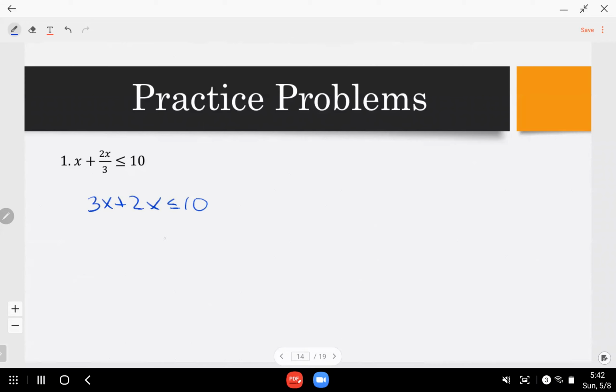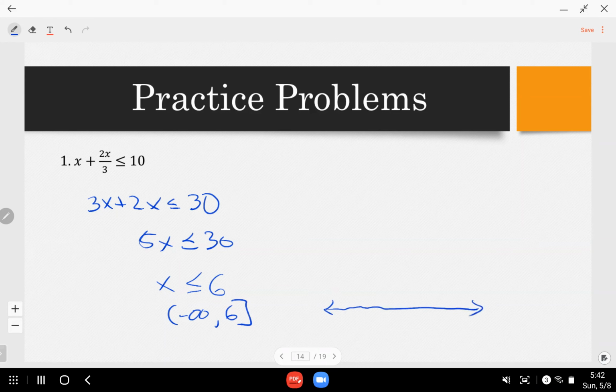And so 5x is less than or equal to 30, and x will be less than or equal to 6. If you put that in interval notation, it's going to be like this.